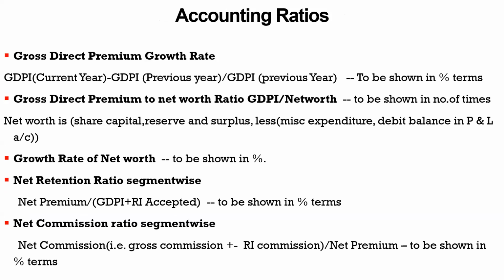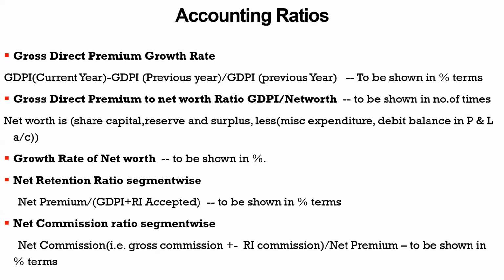So gross direct premium of the current year minus the previous year, divided by the gross direct premium of the last year, to be shown in percentage terms. Gross direct premium to net worth: gross direct premium divided by net worth. Net worth means share capital and reserve and surplus. And growth rate of net worth: the growth of net worth divided by the net worth of the previous year, shown in percentage.